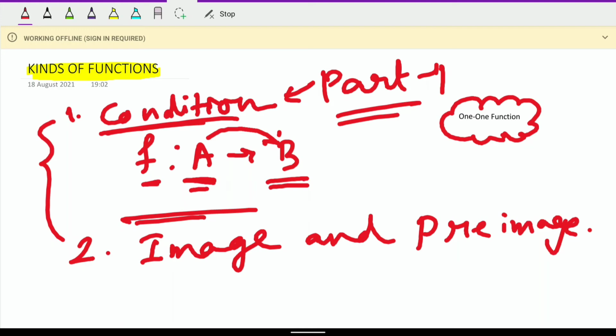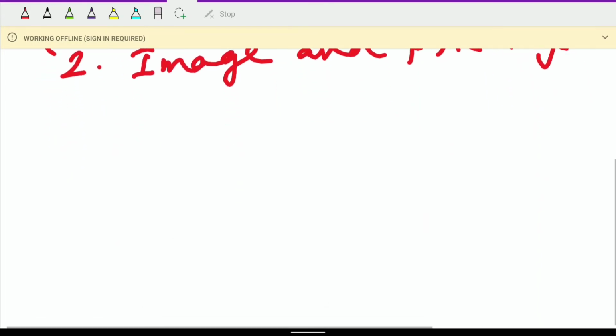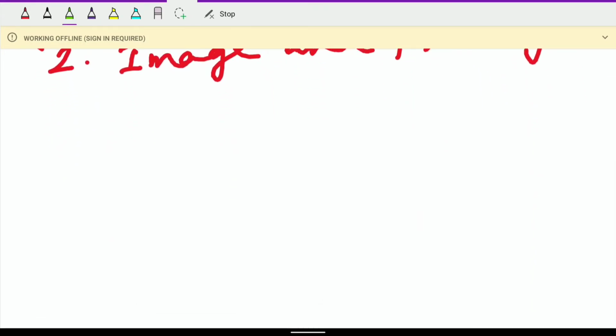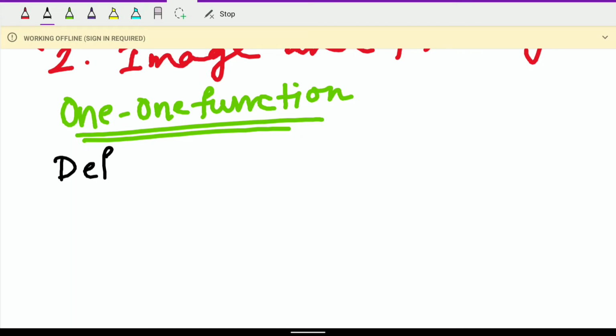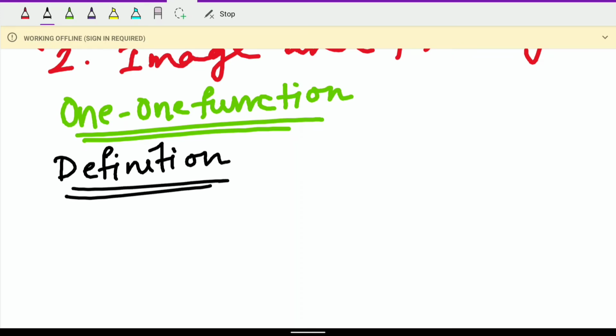So what is a one-one function? It is one of the kinds of function. First of all, you have to know the definition of a one-one function, then I will teach you some algorithms and illustrations also.